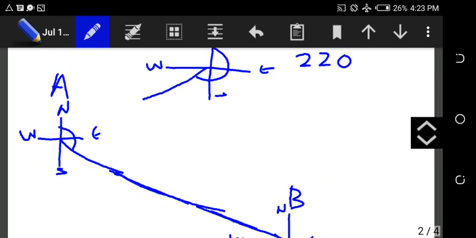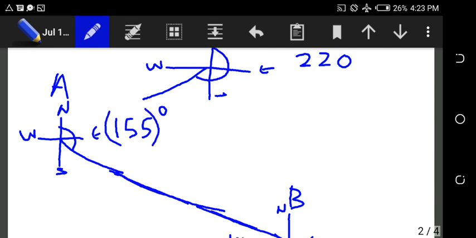In this case, this person left point A at a bearing of, let's say, 155 degrees.